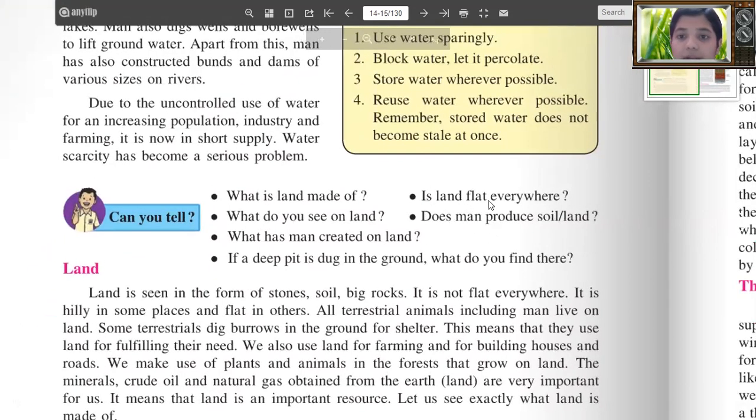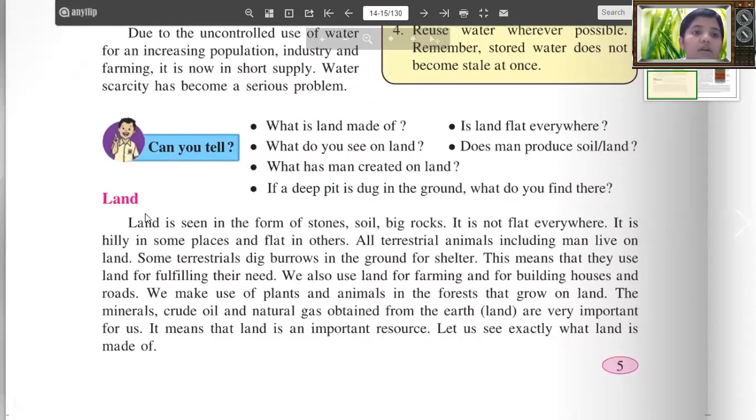Is land flat everywhere? Does man produce soil? Land is seen in the forms of stones, soil, big rocks. It is not flat everywhere. It is hilly in some places and flat in others.